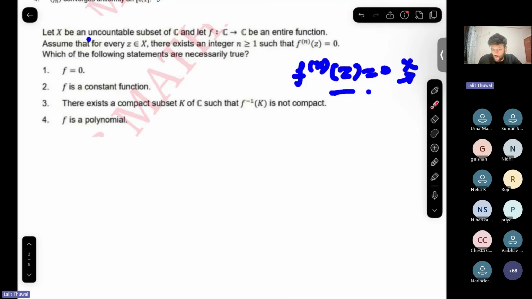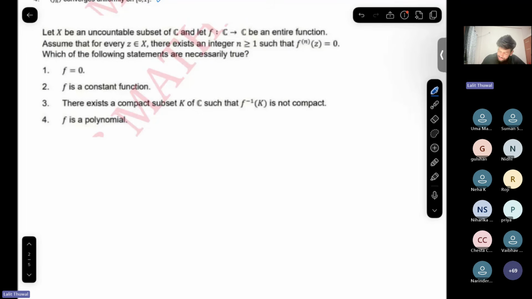So the derivative is 0, which means f should be a polynomial. So you will get the correct answer. But the problem is that n should not be uniform. For each z, the n might be different.